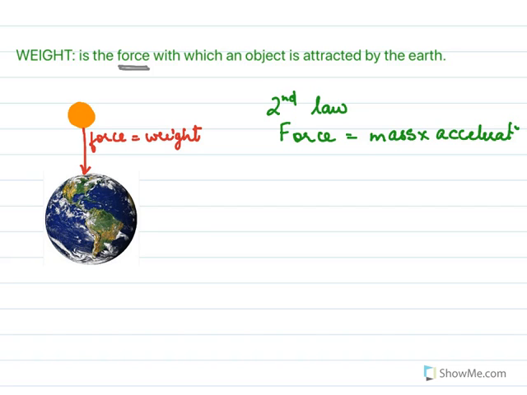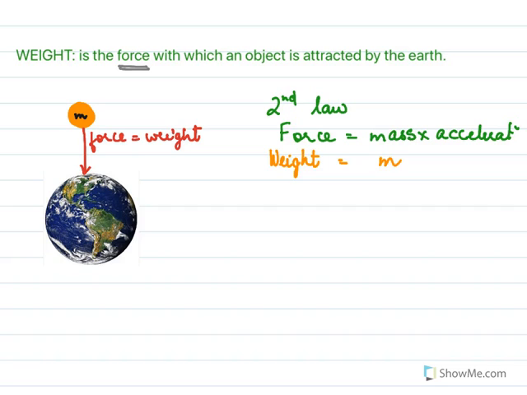In our case, what was weight? It is the force with which an object is attracted to the earth. So for force, I'm going to put weight, because weight is the force with which this body with mass m is attracted towards the earth.